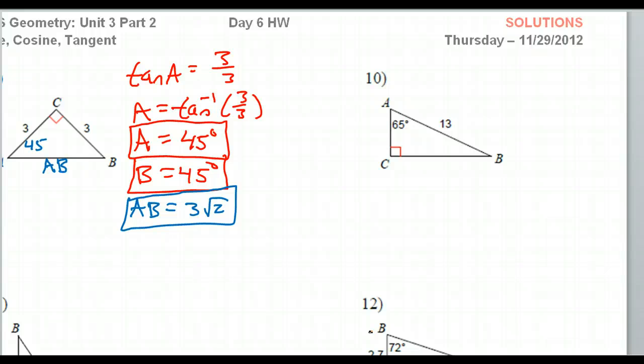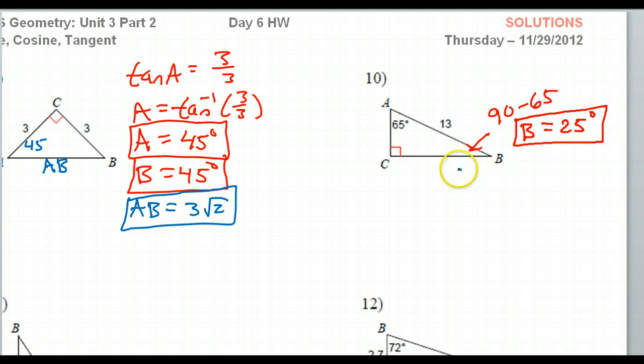Okay, number 10. Let's find angle B. So we'll find angle B by doing 90 minus 65. So angle B is 25 degrees. Okay, now let's go ahead and find side BC. So here's side BC. Looking at the 65 and the 13 and the BC, what we have is opposite and hypotenuse.